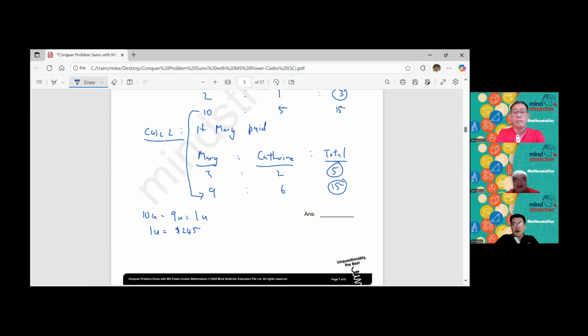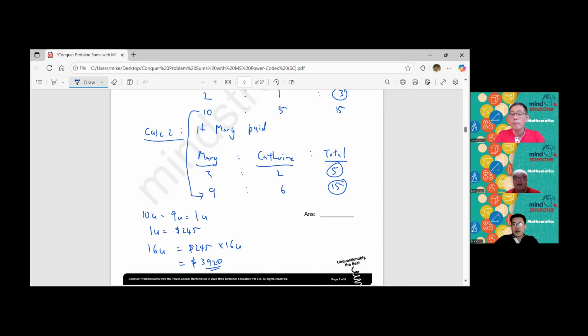That means in total there should be 16 units. 15 units is what the girls have currently after they paid for the bag, and the bag will cost 1 unit. That means we will just find what is 16 units. If we want to find how much the girls have altogether, 16 units will be 245 times 16. So this is $3,920.